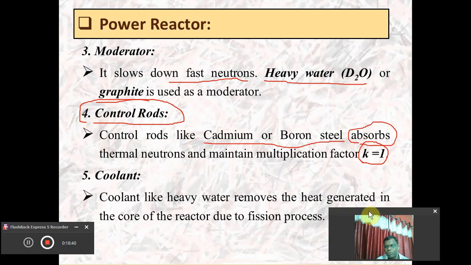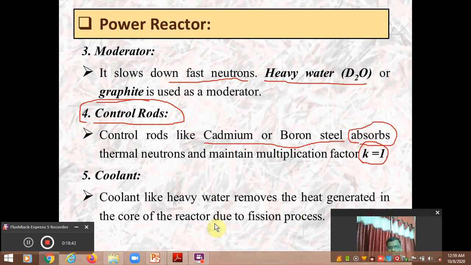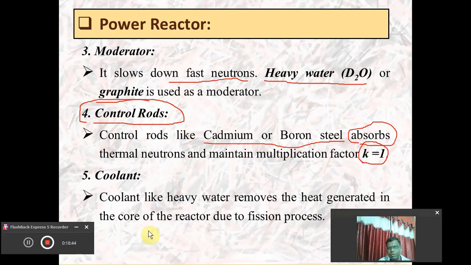Next one is the coolant. We already discussed that the excessive heat in the nuclear reactor or the power reactor is removed with the help of a material called the coolant, and here heavy water is used to remove the heat generated in the core, the central part of the reactor, due to the fission process.